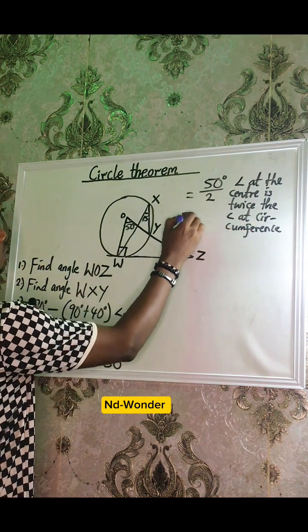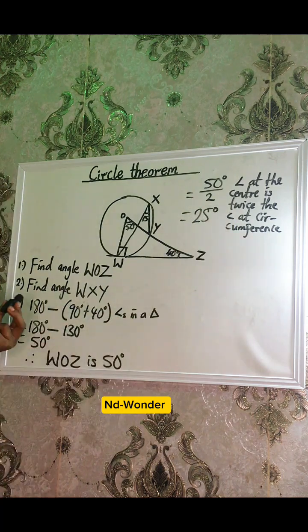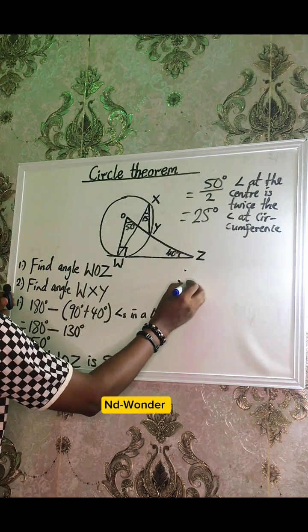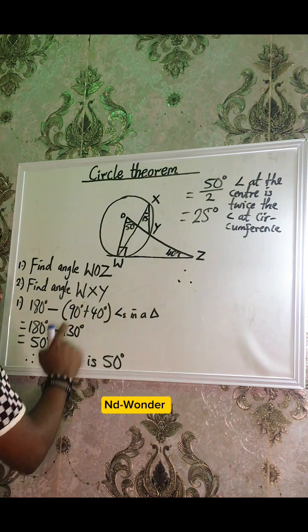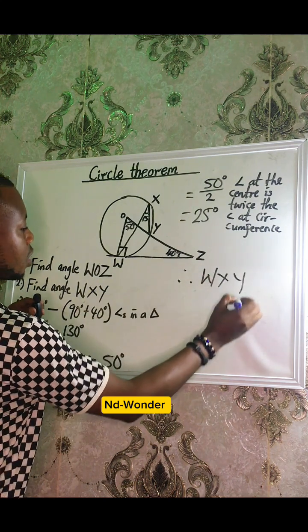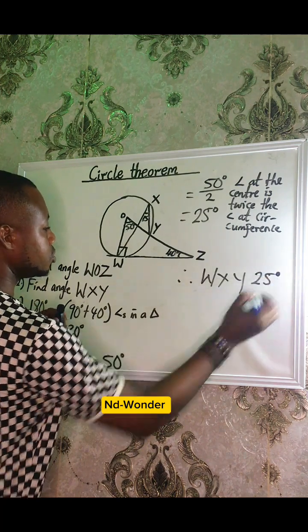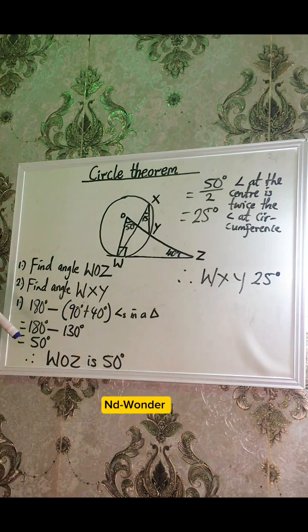So 50 divided by 2 is 25 degrees. Therefore, angle WXY will be 25 degrees. That becomes our final answer.